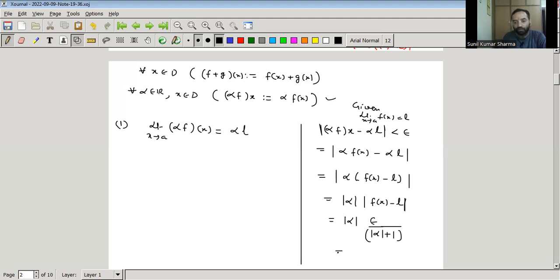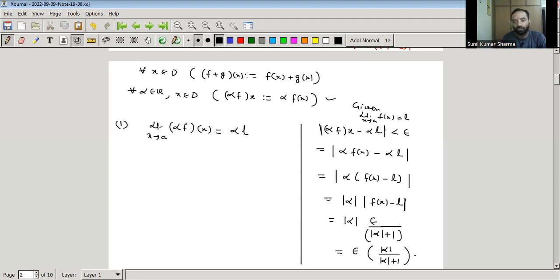And now we can write this as epsilon into mod alpha upon mod alpha plus 1. You can take any constant. You can take 2, you can take 3, you can take 1 by 2, 1 by 3. But we cannot take mod alpha minus 1. We will not take minus 1 because for alpha equal to 1 and alpha equal to minus 1, in both cases the denominator can again become 0.